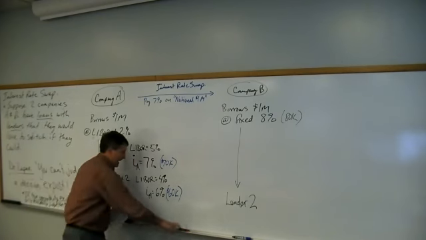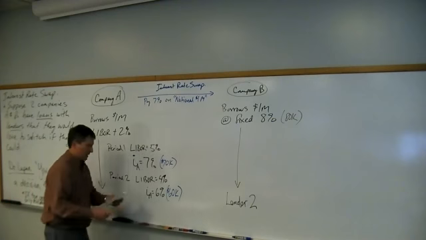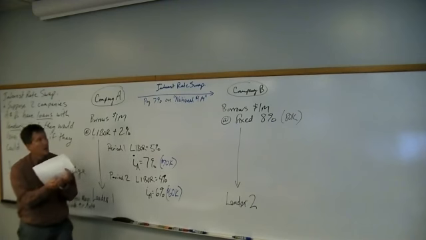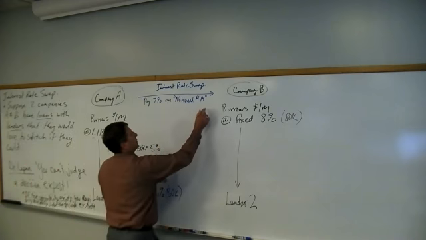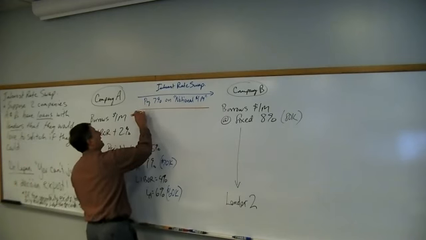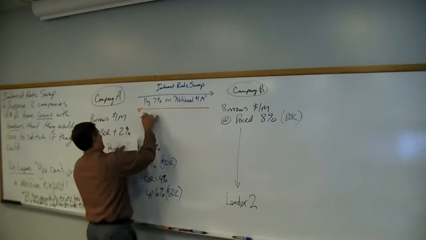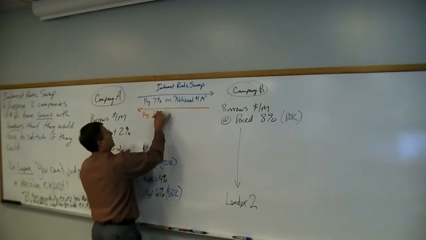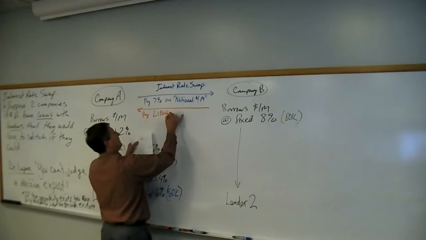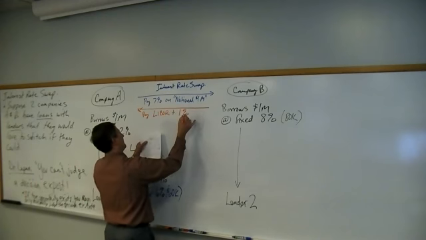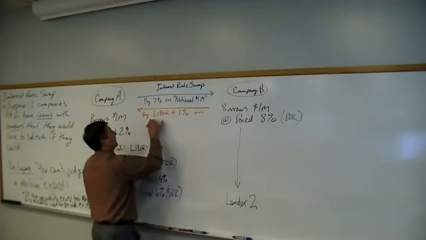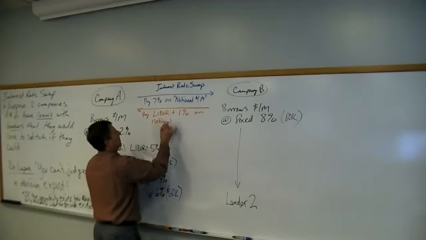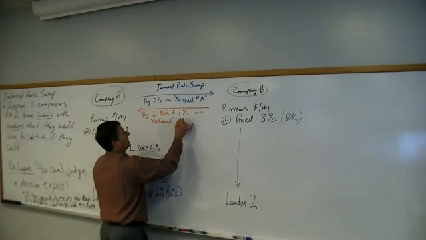And on the flip side, Company B is going to pay Libor plus 1% on the notional $1 million.